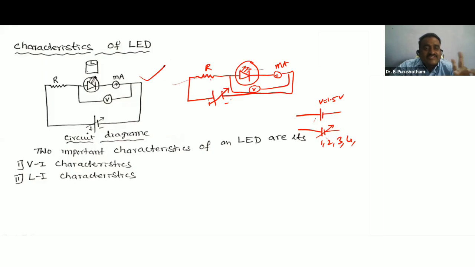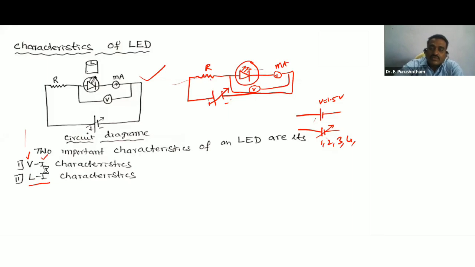The LED has two important characteristics. Number one, VI characteristics, V voltage, I current. Second one, LI characteristics, L light intensity, or output light, and I is the current.